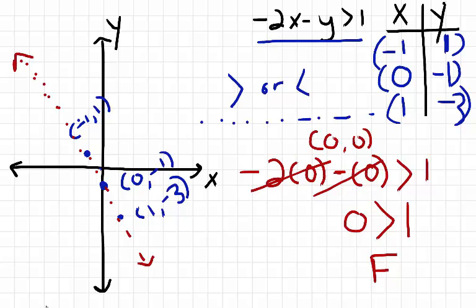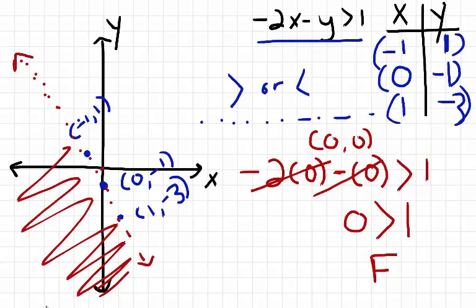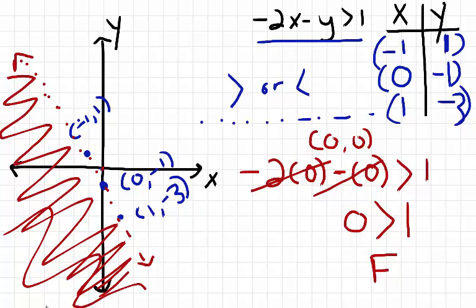So if my test point was here at 0, 0, I'm going to shade the side of the line opposite. So this is our line, and here's our solution. We've completed this problem, and I hope that you've enjoyed the video.